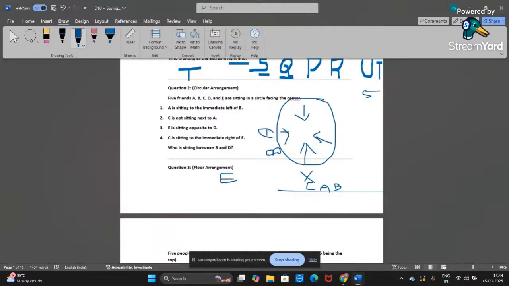They are not in this sequence, right? So E will be here. We'll write the arrangement 1, 2, 3, 4, 5.